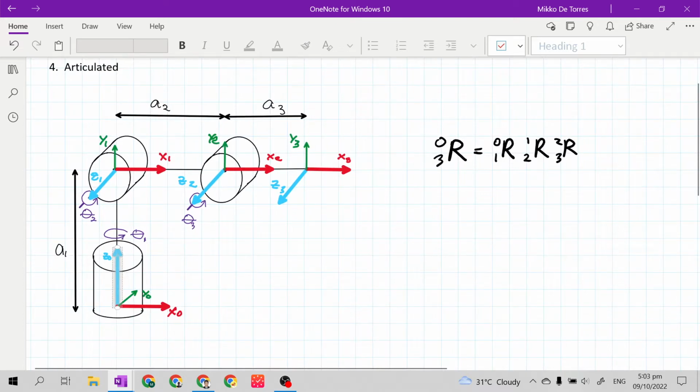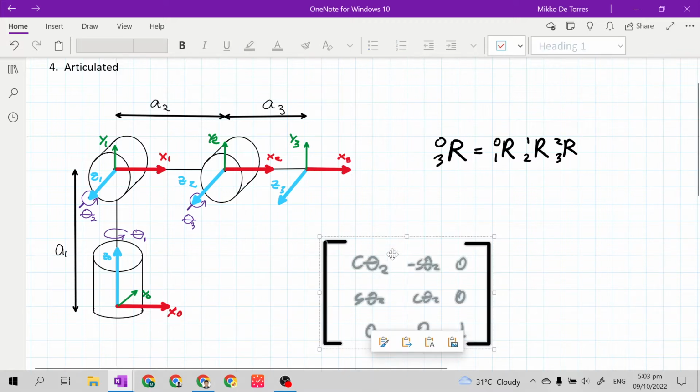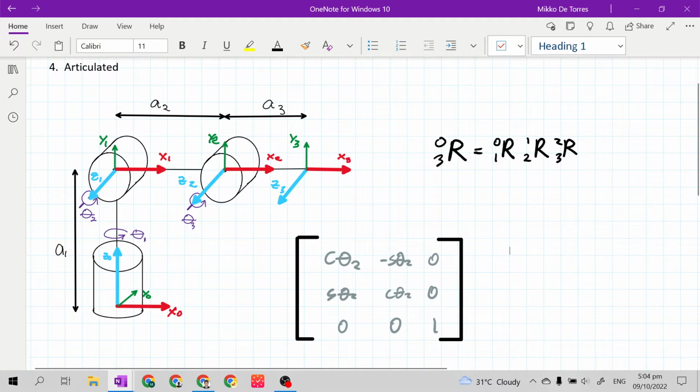Okay, so we have here the z rotation. The z rotation is the rotation matrix at the z axis. Then the y rotation, if it is rotating at the y axis.